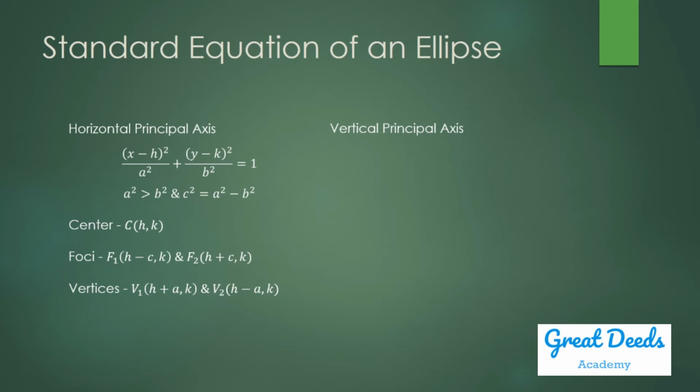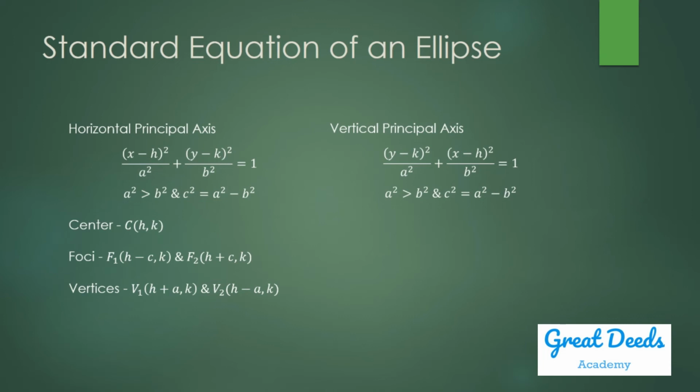We have another set of standard equations for the case when the principal axis is vertical. So the ellipse would seem to be something that is standing up. This is the equation. And again, a squared is greater than b squared.